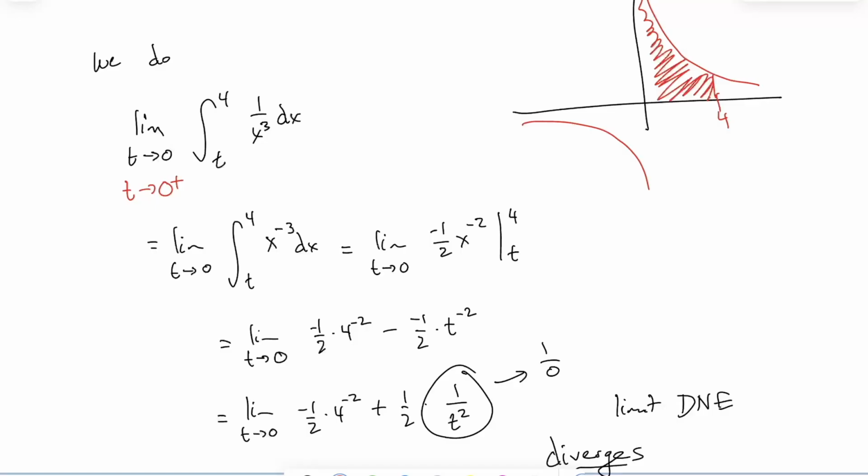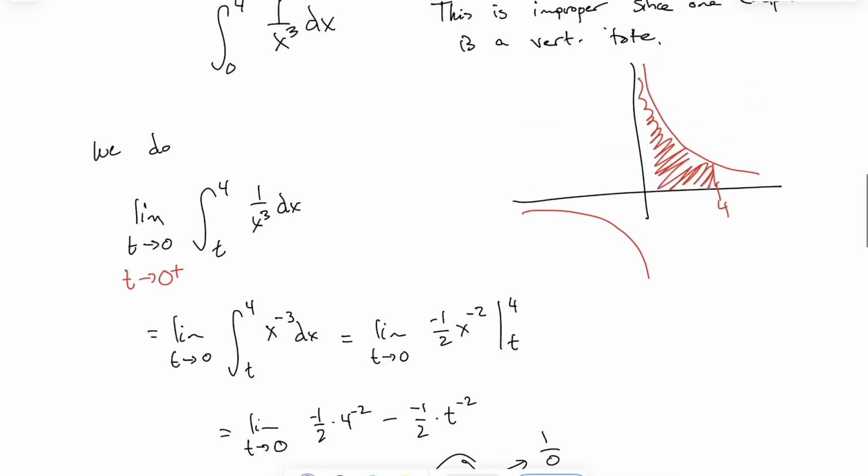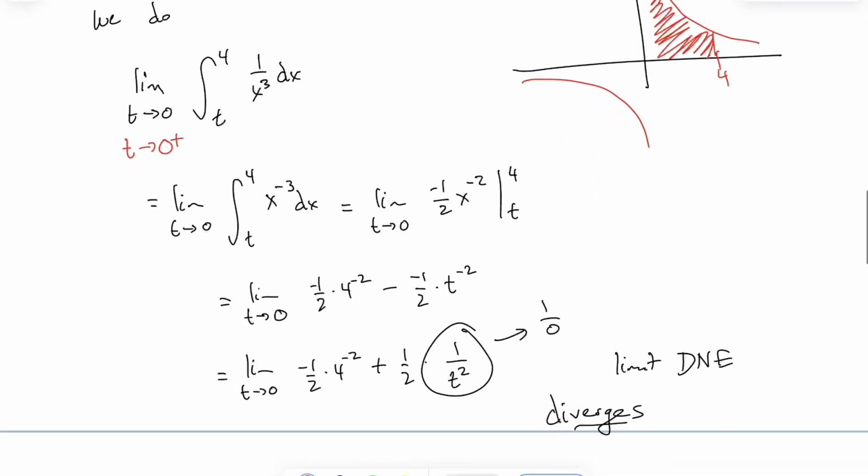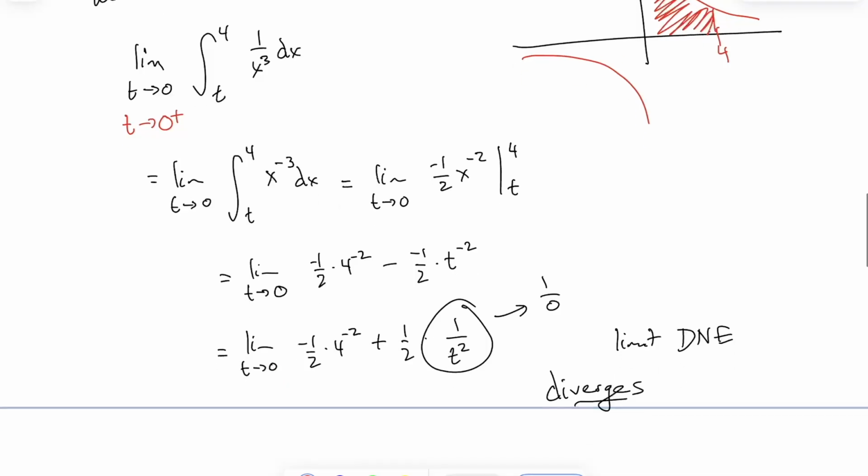That's slightly more specific than what I wrote. The reason it's from the right is because they have this picture in mind. Actually, it doesn't matter if the value approaches from the left. All that we care about is t approaching 0 from the right, so if you look up examples in the book, they might say approaching from the right.